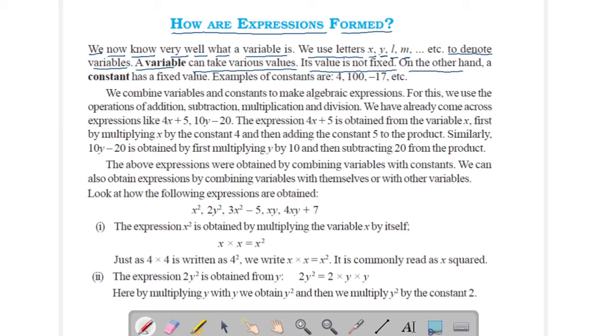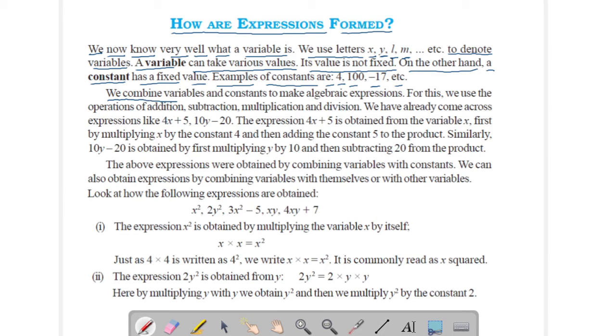On the other hand, a constant has a fixed value. Examples of constants are 4, 100, minus 17, etc. These are numbers where variables are not used. When variables are not there in the given expression, then that is called a constant.